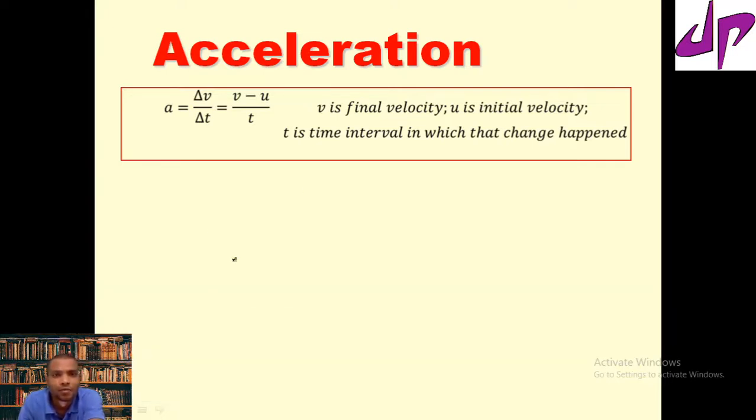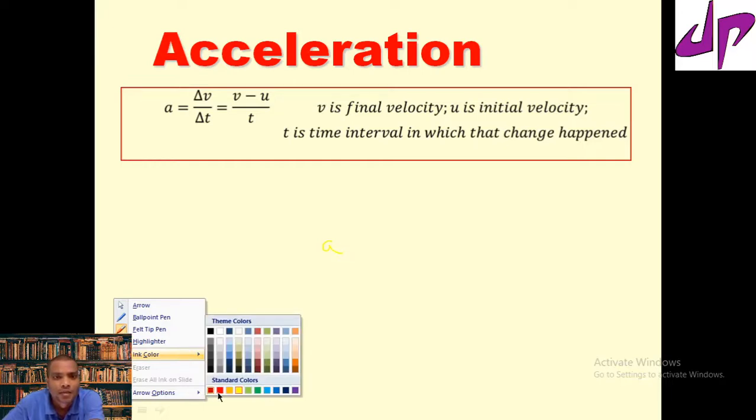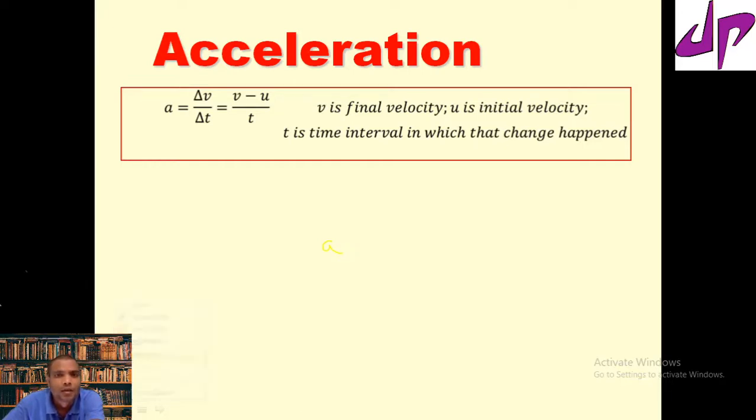So I can write this formula here. A equals V minus U by T. Here V is the final velocity, U is the initial or starting velocity, and T is the time interval for which that change happened.